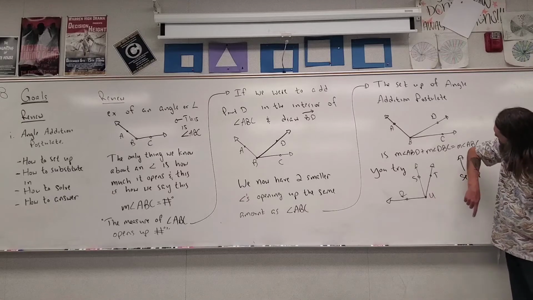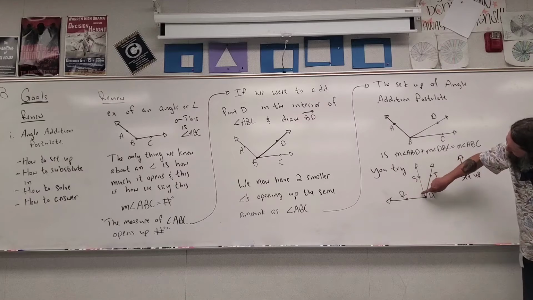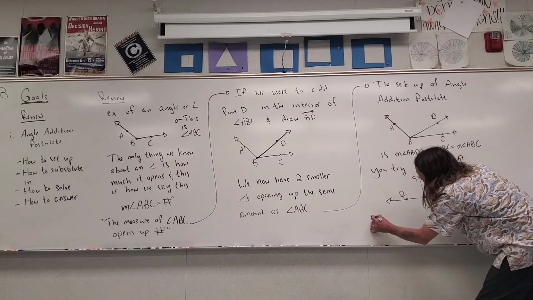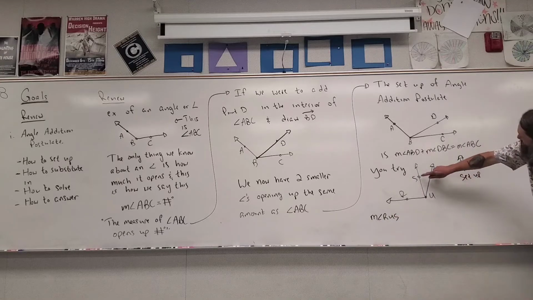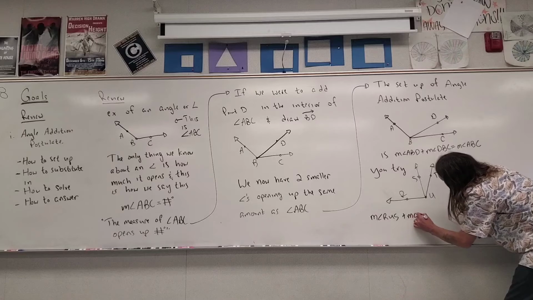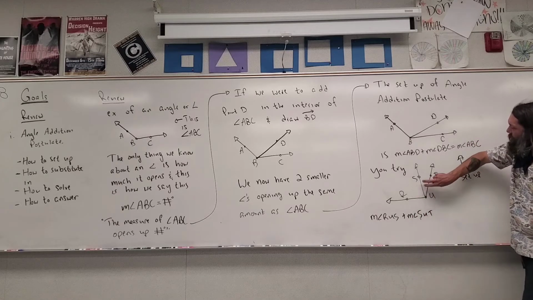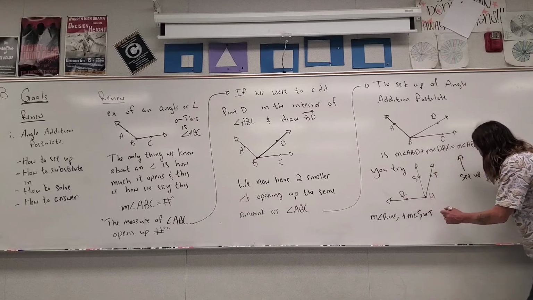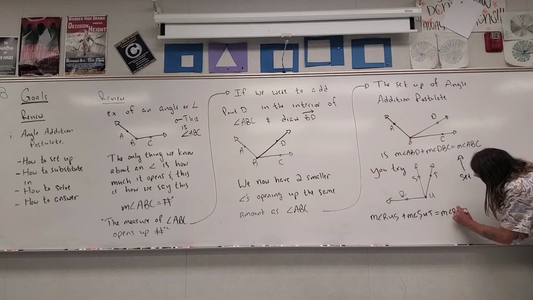Alright, so hopefully you did and you're back. Let's go ahead and write the angle addition postulate for this picture. So the measure of angle RUS plus the measure of angle SUT, so both of these little angles open up as much as the large angle, which is the measure of angle RUT.